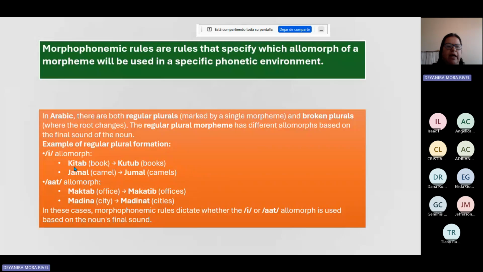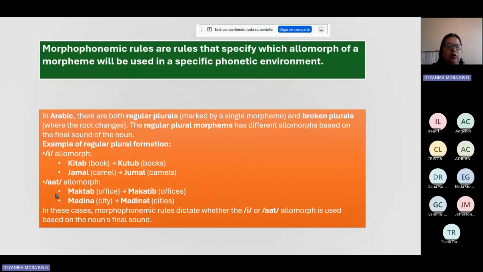In kitab, we have two different vowels, and in kutub, we have two U's. So kitab is one book and kutub is several books, more than one book. So it's completely different from the S in Spanish and in English. And in jamal, which is camel, I changed this U, jumul, and it means camels, right? And that is one way of making the plural.